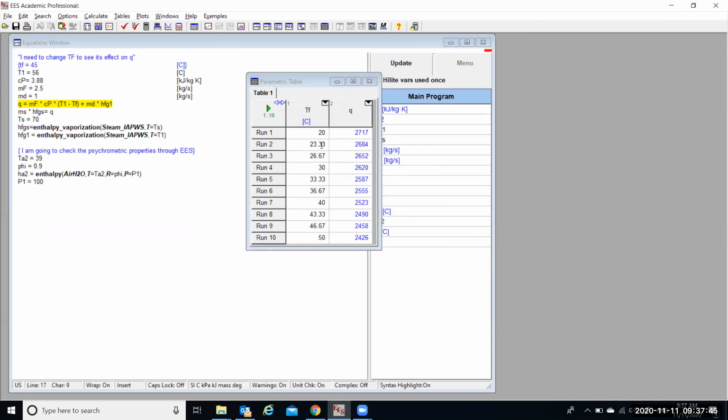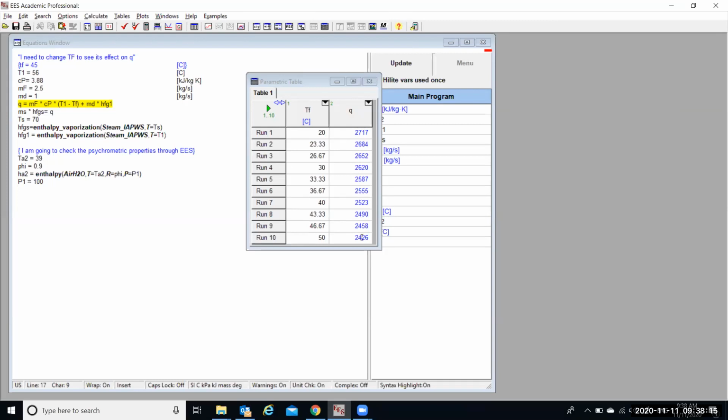I'm changing the sensible heat part in terms of the value of Q. Maybe if TF changes from 45 or 46 to 50, that change is not significant. This is negligible. But going from 20 to 50, now that can be a substantial change. We're talking about something like 300 in 2000, about a 10% change.